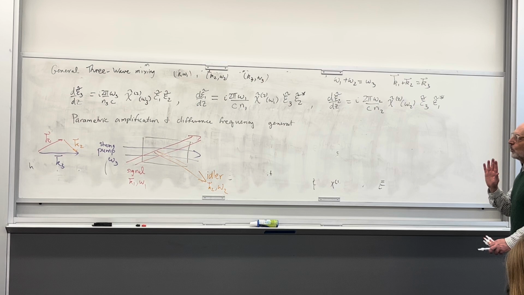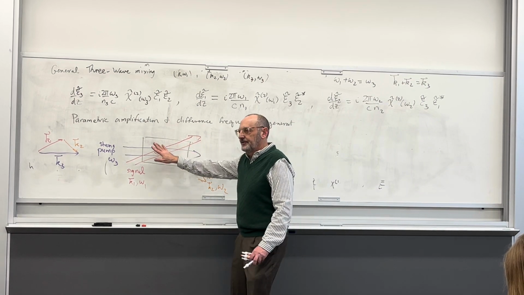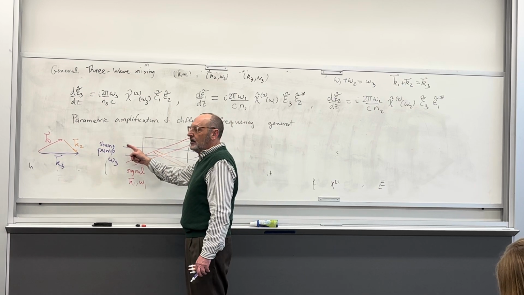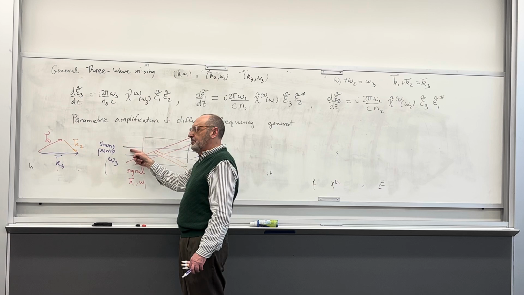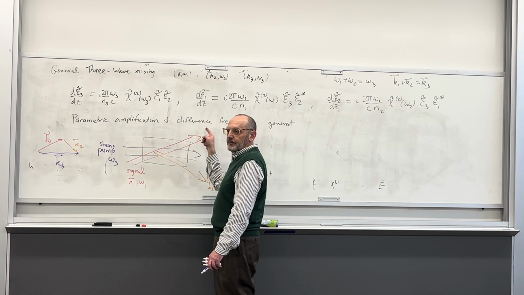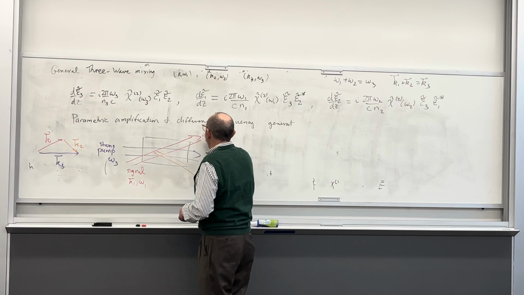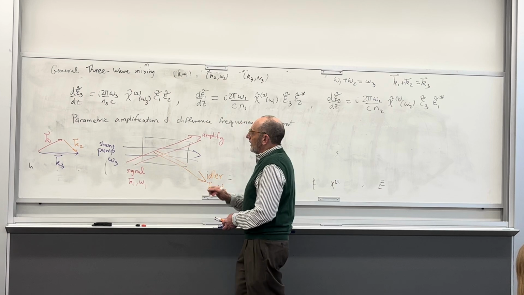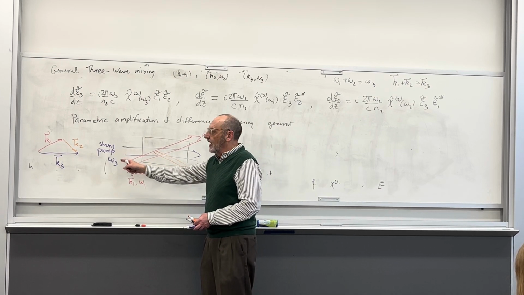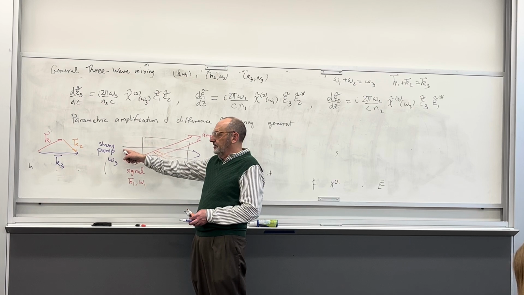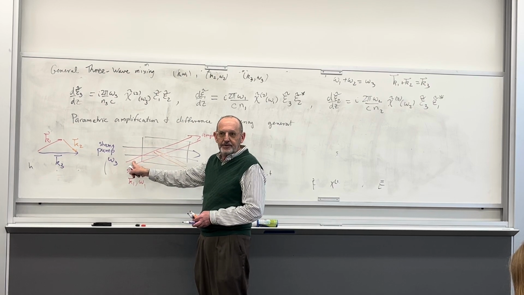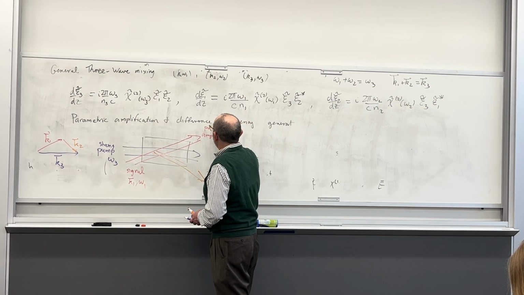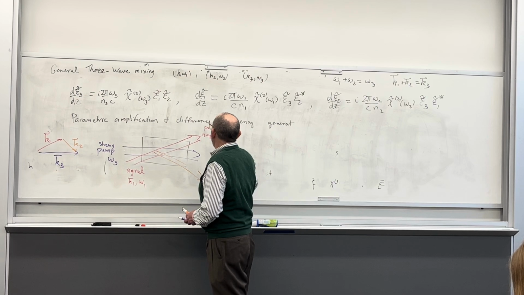Okay. So what's going to happen in this process is twofold. One thing that we're going to see is that we're going to transfer some of the light from the pump into the signal. And I'm going to amplify this. That's to say, I put in some field here, and some of the energy from this frequency is going to be transferred into this frequency and grow the amplitude, and that's known as parametric amplification.